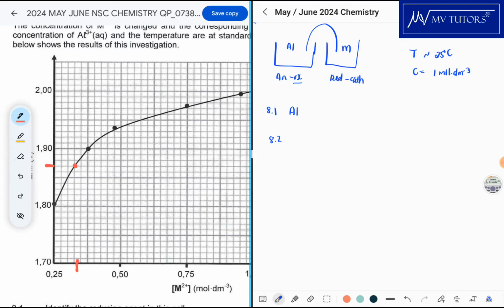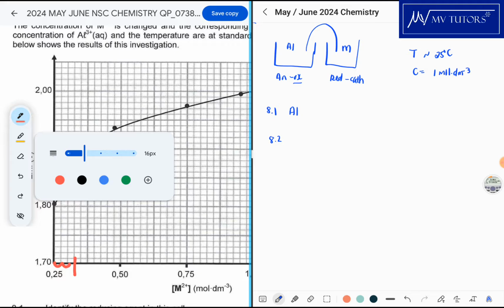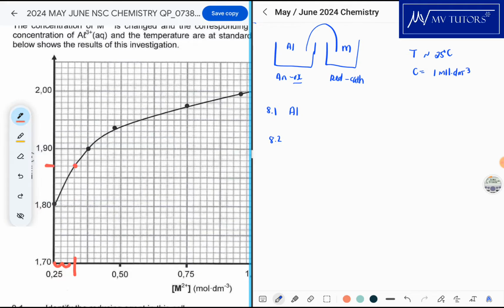If I take these little spaces over here, I can see that it's actually 0,025, because the space in between here is 0,25.